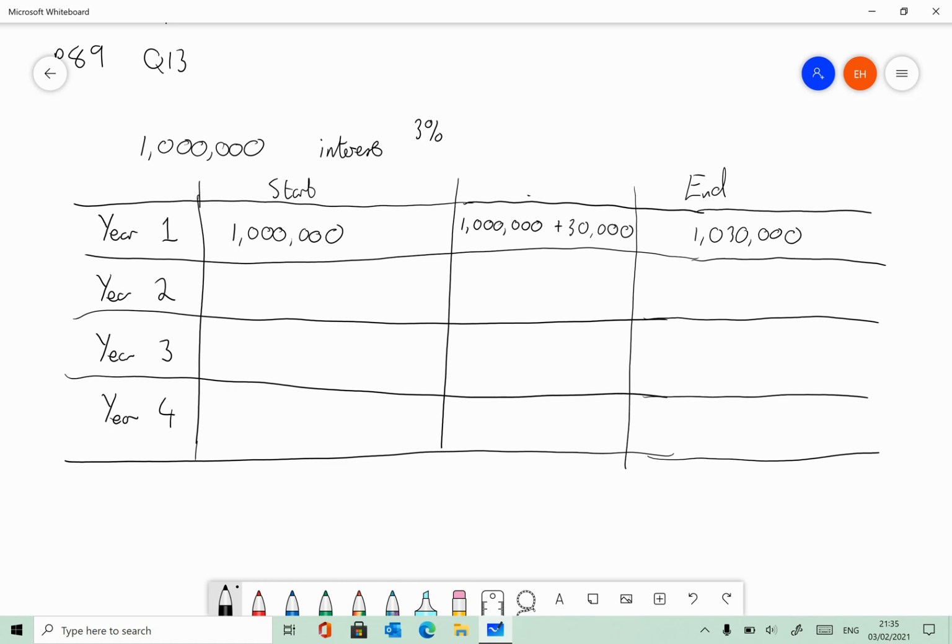Now, what I end the first year with, so the first year ends, that money must still be in the bank account. So that's what I begin the second year with. And that figure is going to grow by 3%. So what's 3% of 1,030,000?